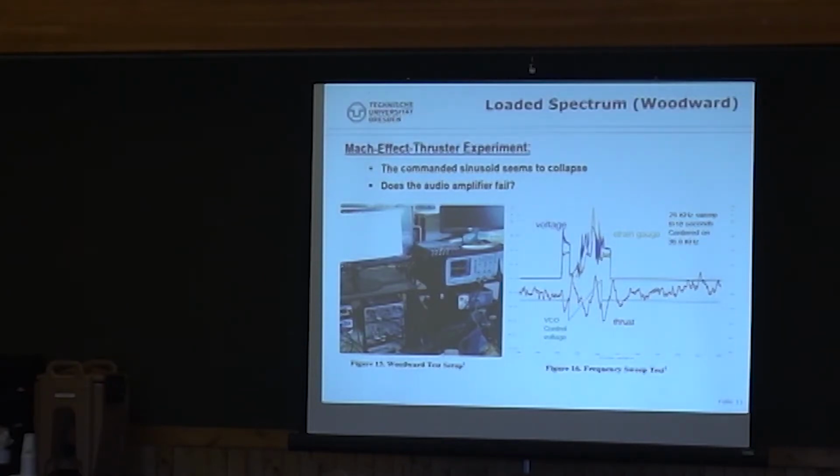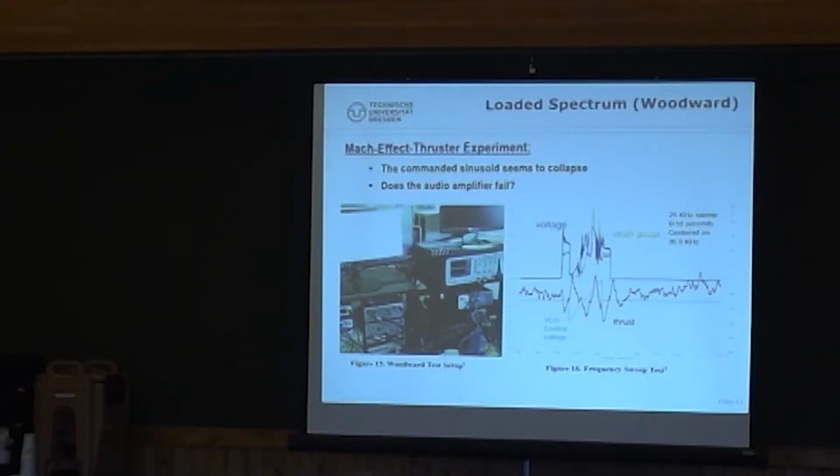But anyway, we see how the voltage is changing. So it's not exactly how we're doing it, where we actually maintain the voltage, because we think that the voltage tells a lot about the thrust. So we can expect a thrust at a specific voltage. But here the voltage changes with the frequency because of the impedance of the thruster, right?